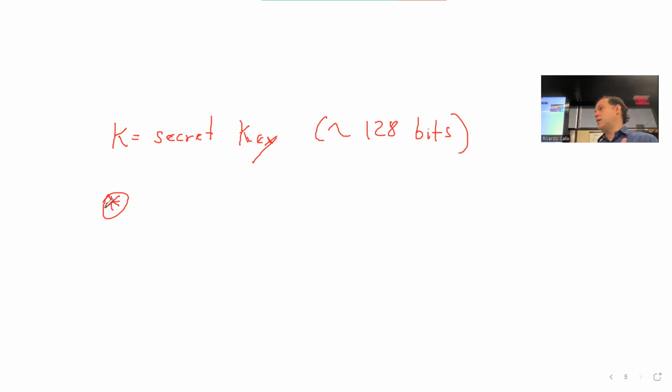The security comes from the fact that they never break them, even though they know them, as long as they don't know the key. Everything is based on that. So, very clearly, the encryption algorithm is publicly known. There's nothing there that's secret.